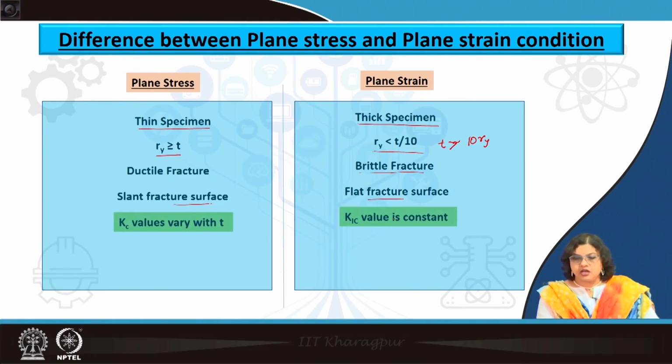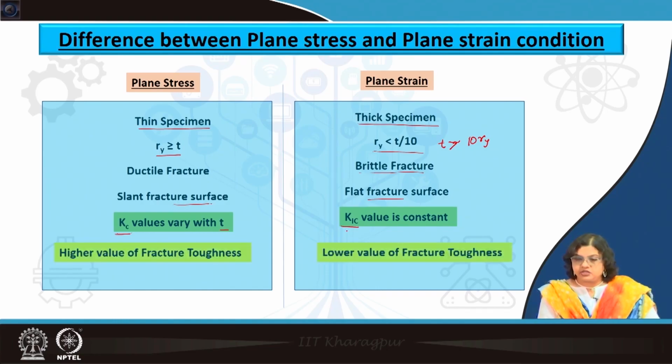Most importantly, this plane stress fracture toughness value, which is typically denoted as Kc, varies with any change in T or the thickness. On the other hand, plane strain fracture toughness, which is typically termed as K1c, is a constant one, and it does not vary even if we are increasing the thickness value.